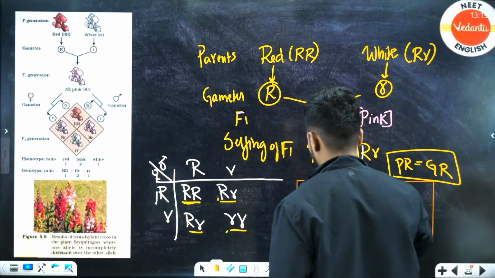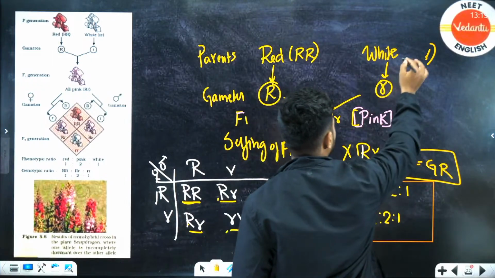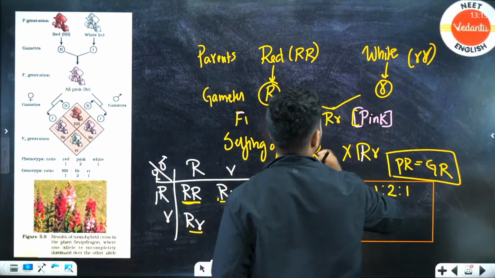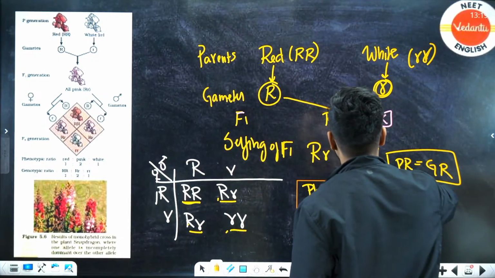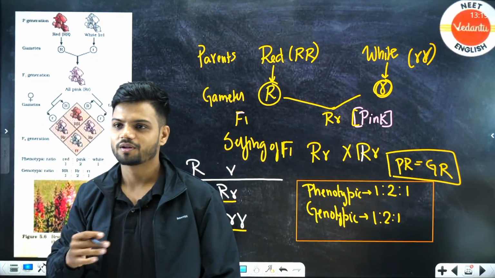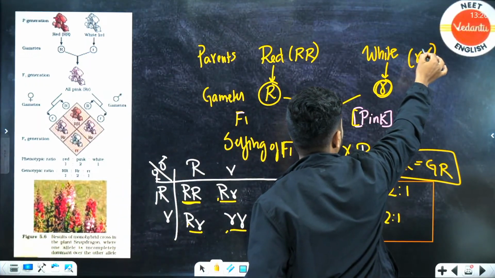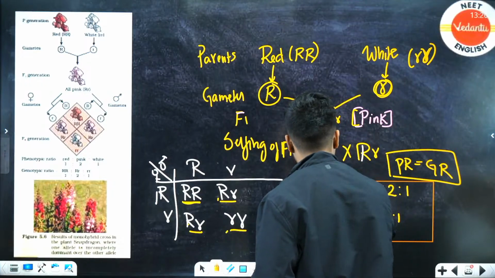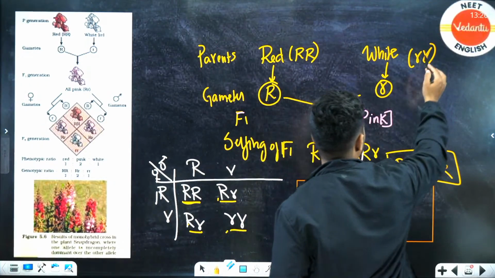Oh, here I've written small. One second. Okay, I think I made a mistake here. Then you only get a single gamete. Is this clear now? I was just writing it and I just went forward. It's recessive. Obviously, it's homozygous recessive. It is supposed to be homozygous recessive.